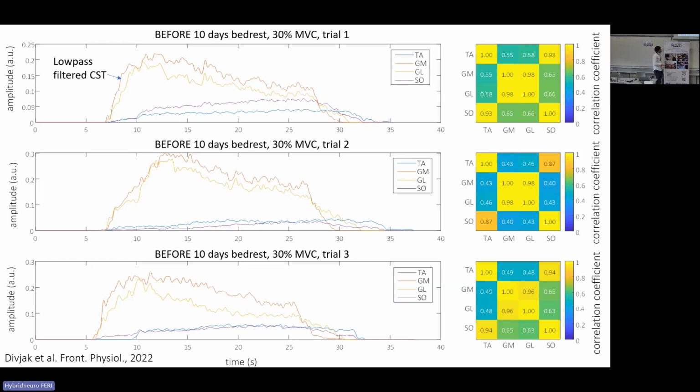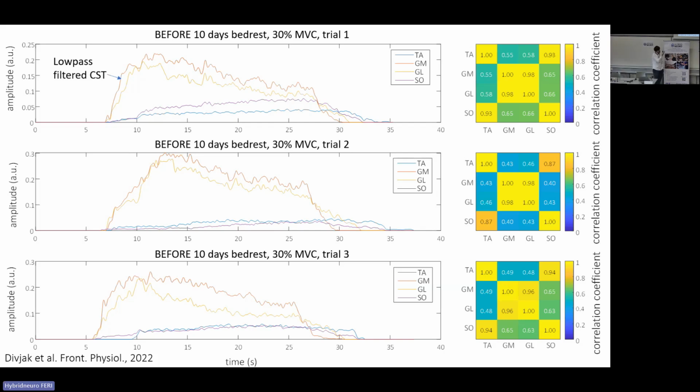Each line represents one of the muscles, and then what we do is calculate the correlations between them, and we get the simple 4 times 4 matrix on the right side.